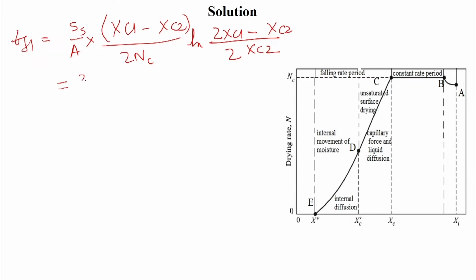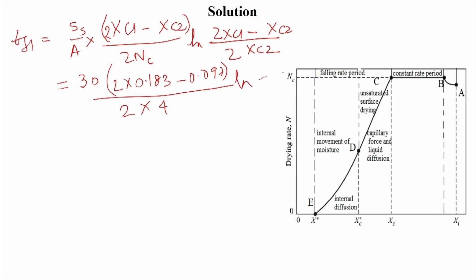So, Ss by A is equal to 30, then 2 into 0.183 minus xc2, which is 0.097, divided by 2 into Nc is equal to 4, into ln of (2 into 0.183 minus 0.097) divided by (2 into 0.097).